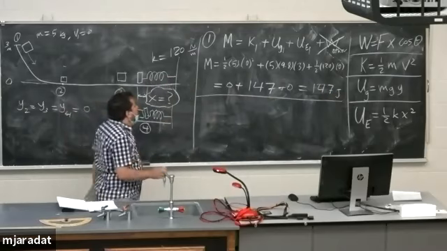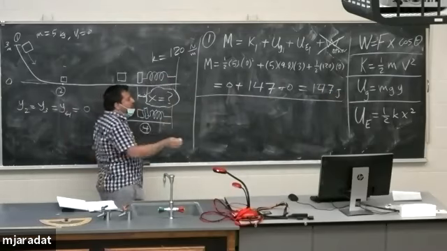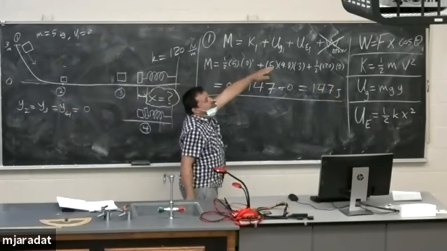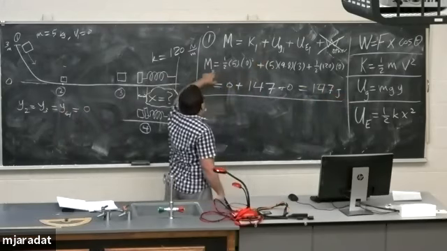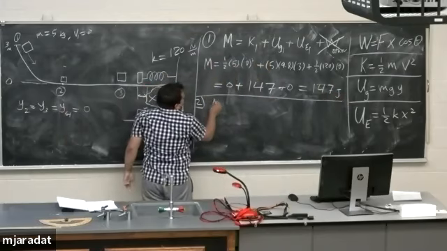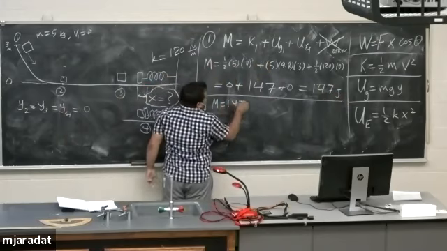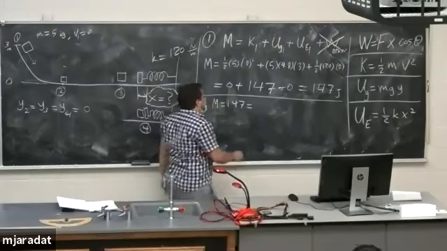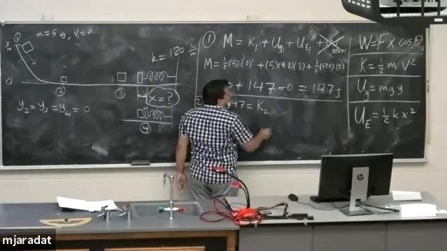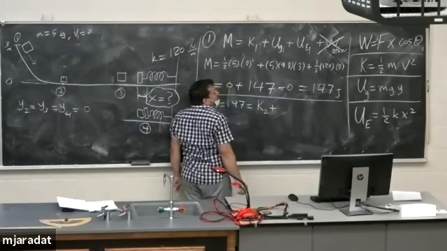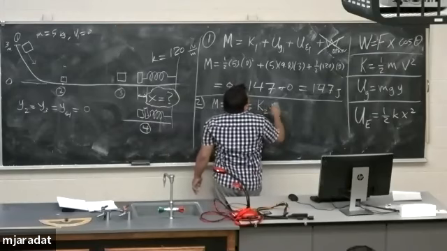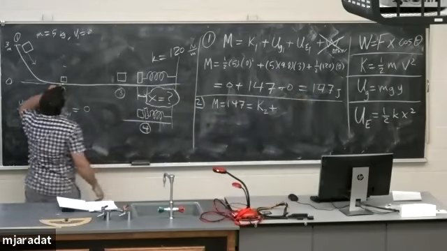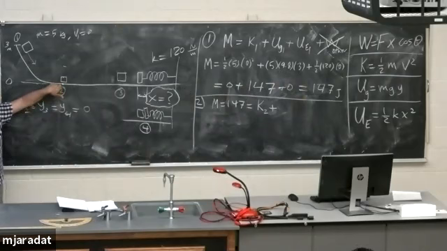It's always the same. We need to move this to the second point. At point number 2, we have the same relation, but at point number 2. So our mechanical energy is equal to 147, and it is equal to the kinetic energy at point number 2, plus the potential energy, mgy. How much is the potential energy here?